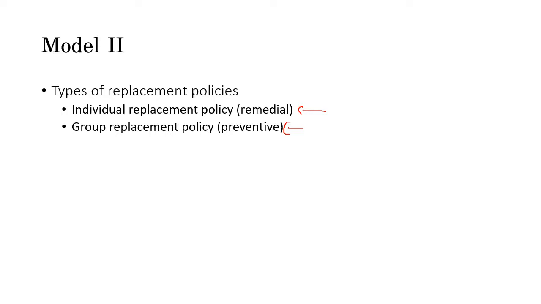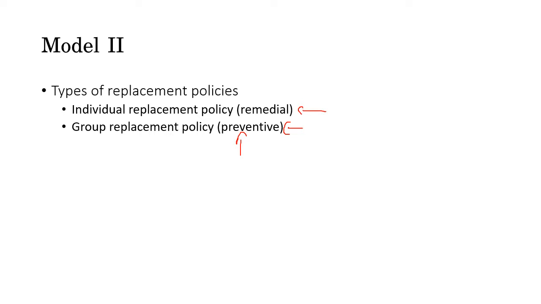The second policy is group replacement policy, which is actually a combination of individual and group replacement. This is a kind of preventive policy, which means that even though these low cost items like resistors, pumps, etc., have not failed, they are still replaced after a certain interval of time, avoiding the system wide failure.